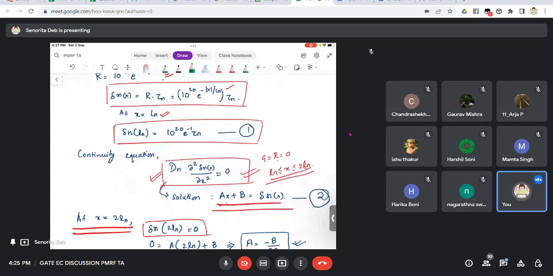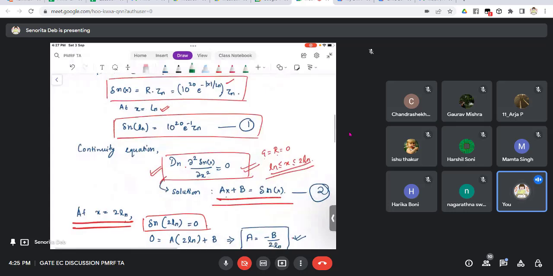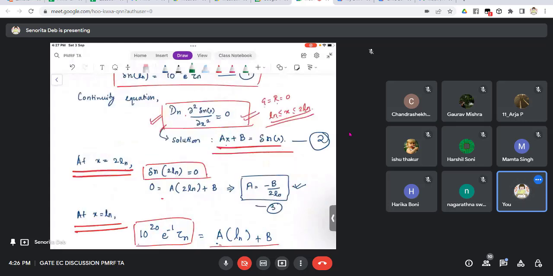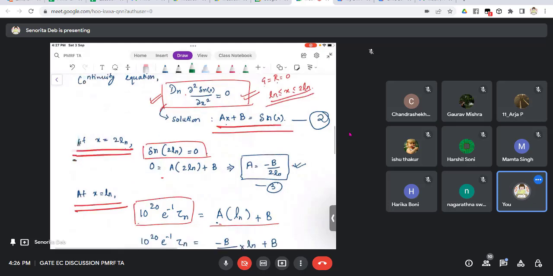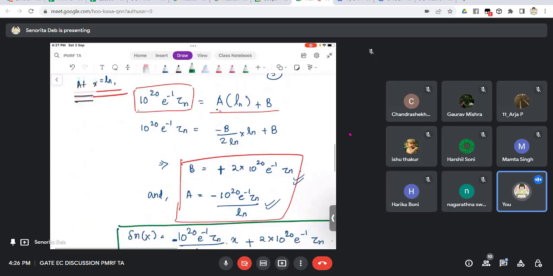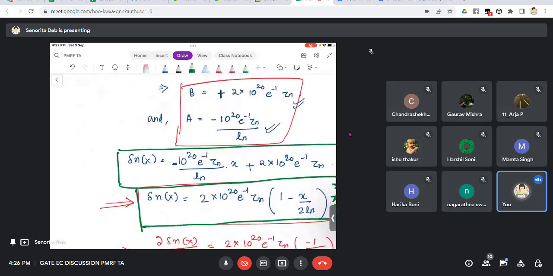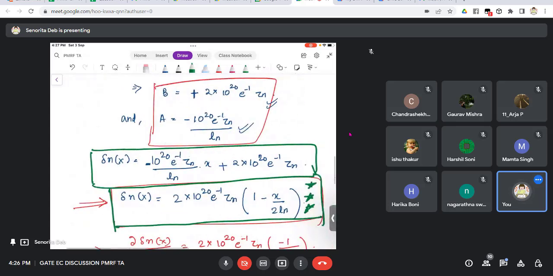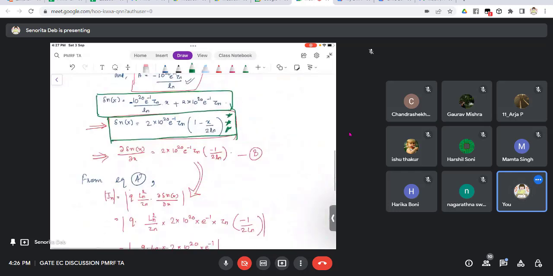Continuity equation is given. Okay, from here we know that this kind of equation has the solution ax plus b equals to delta n(x). Now at x equals to 2 Ln, what is going to come? That is there. And then at x equals to Ln, what is going to come? That is also there. Okay. Now from here we will finally arrive at values of a and b, and we will have the final equation of delta n(x), right?